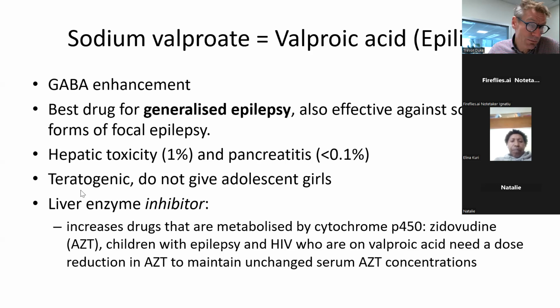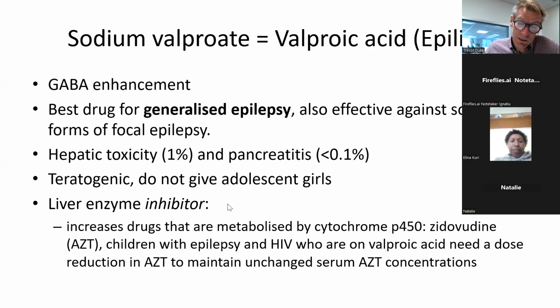Sodium valproate, it's important to know, is teratogenic, so it shouldn't be given to adolescent girls because of the teratogenic effect. And unlike phenobarbital, phenytoin, and carbamazepine, it's a liver enzyme, cytochrome P450 enzyme inhibitor.